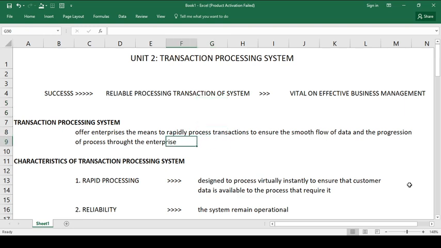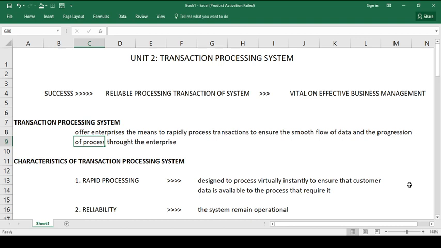So, a transaction processing system, guys, is how a transaction is being put into a particular system, whether it's manual or computerized. And at the same time, how this transaction flows from its inception up to the end.